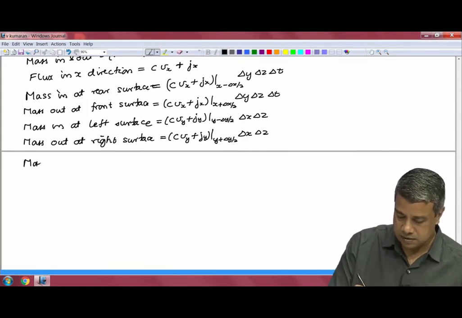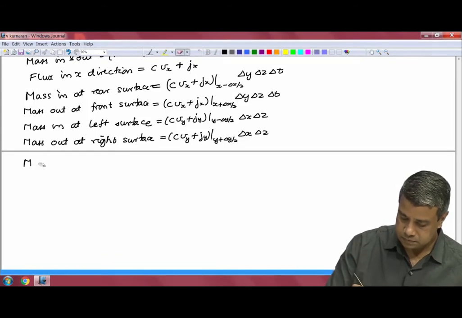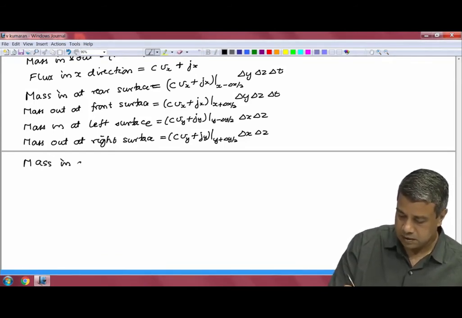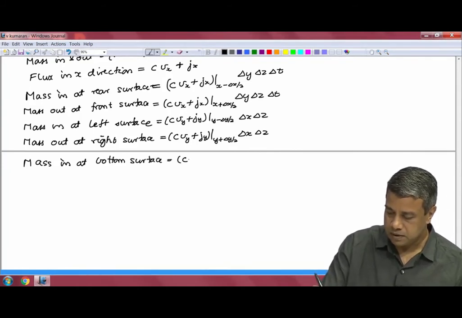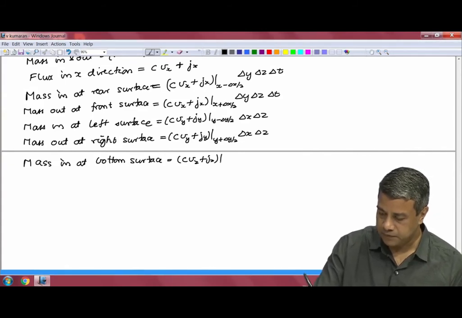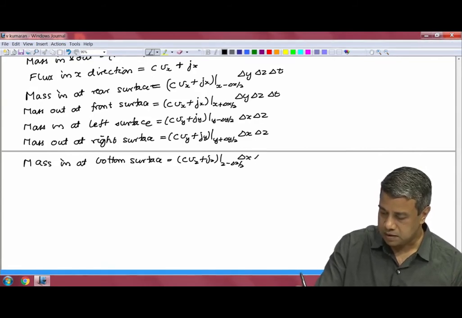Mass in at bottom is equal to C Vz plus Jz at z minus delta z by 2 into delta x delta y.